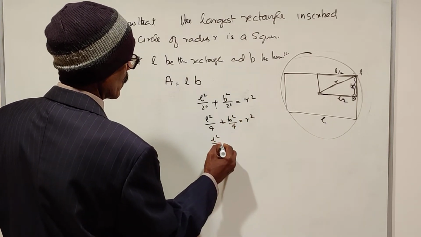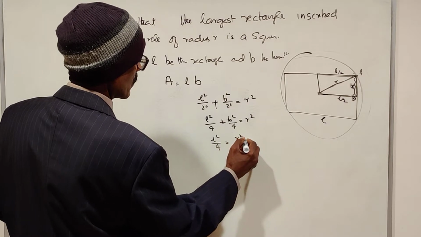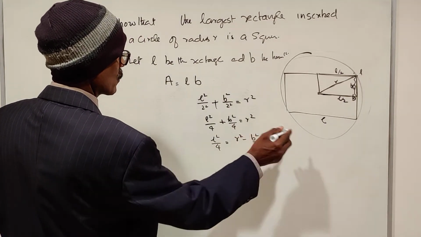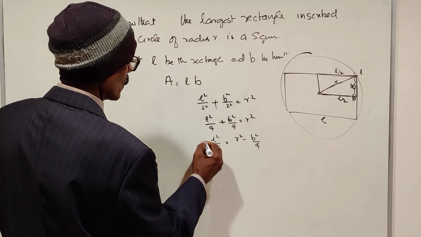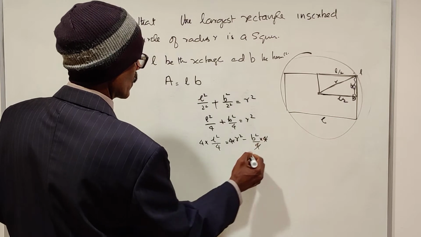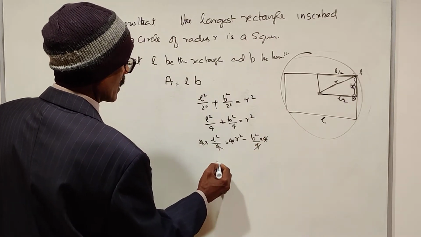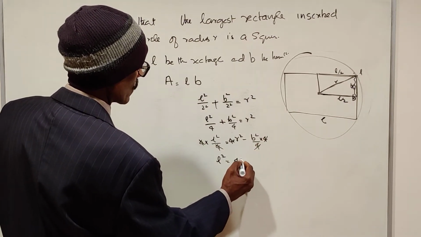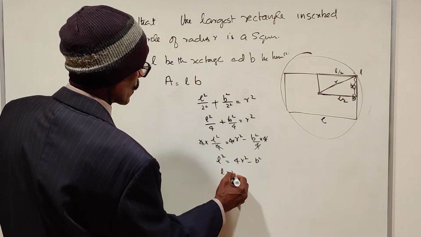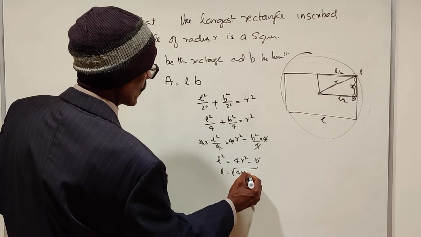L square by 4 equals R square minus B square by 4. Multiply throughout by 4, the 4s cancel. L square equals 4R square minus B square. What is L? L is equal to square root of 4R square minus B square.